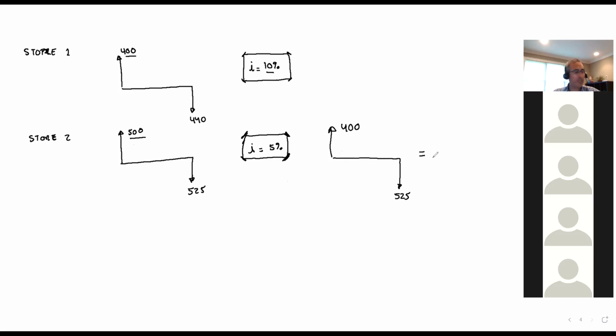Now, what is my interest? So it's going to be 125 divided by 400. Of course, I'm exaggerating here with the numbers. It's not as much as here.